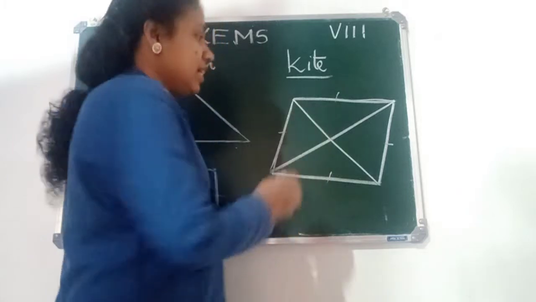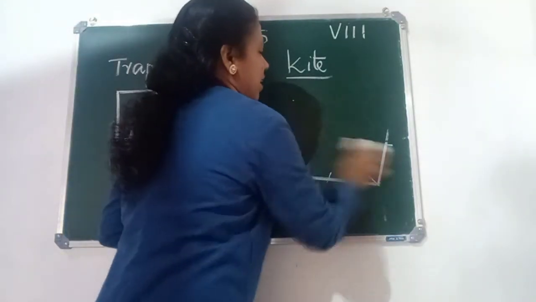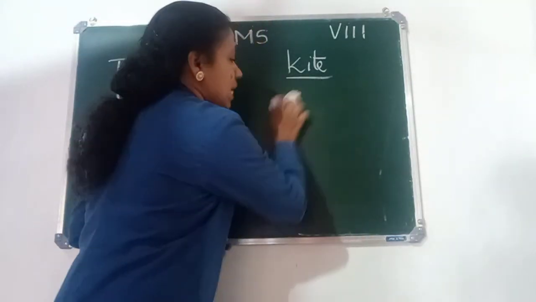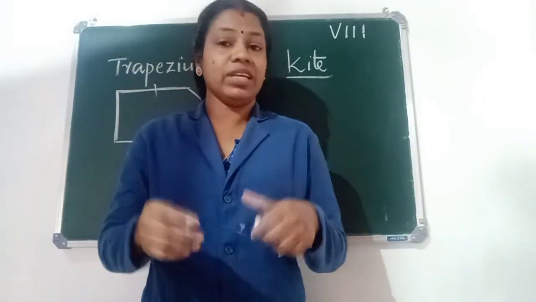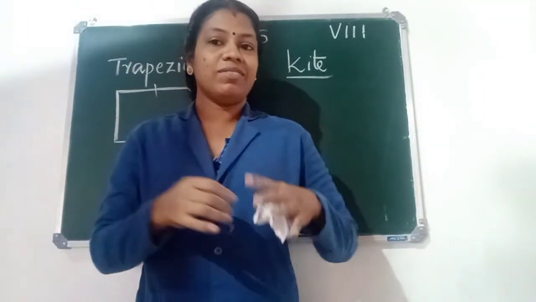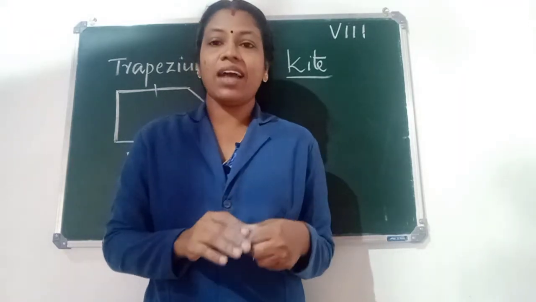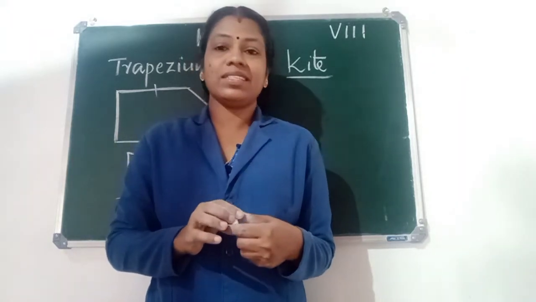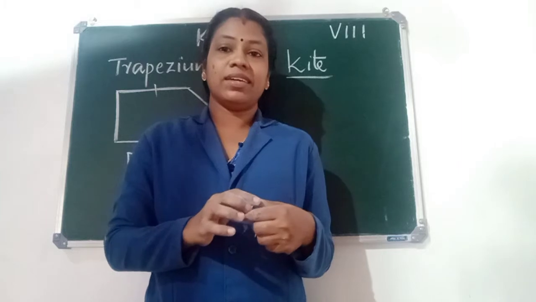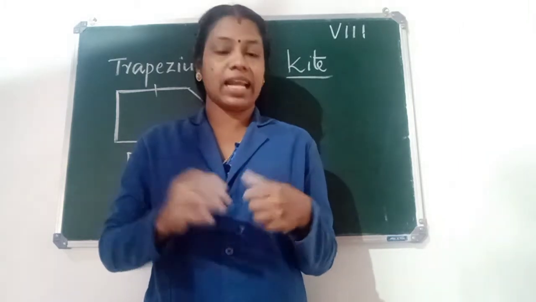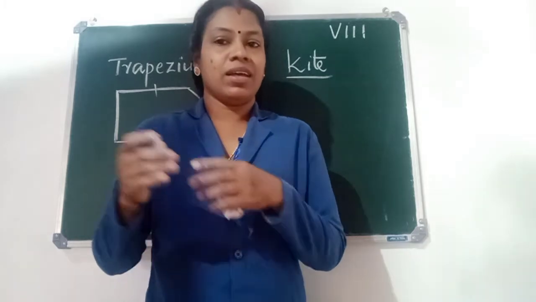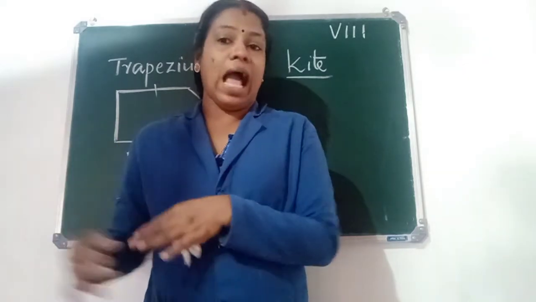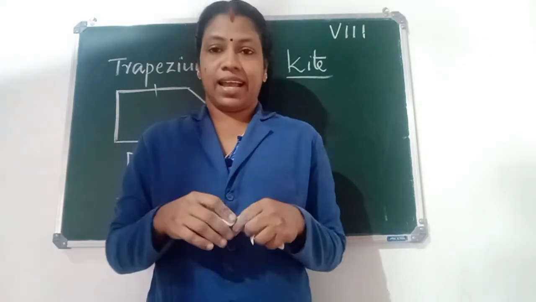A rectangle is a parallelogram with all angles equal, that is, all angles are right angles. That's a rectangle.